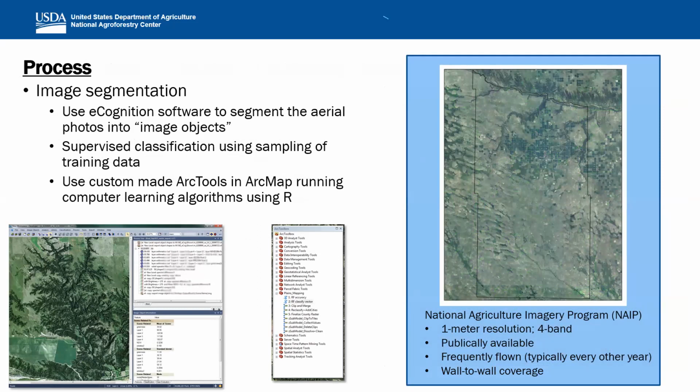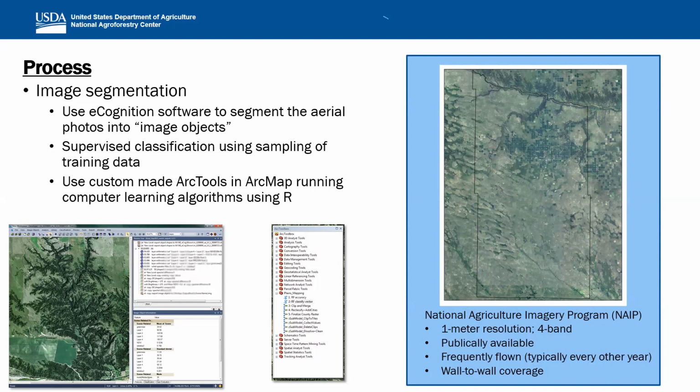So the process starts with the image segmentation, and we use a software called eCognition. It segments the imagery into what's called image objects, which are basically polygons, which identify areas of unique features. So we use that training data paired with some custom tools that we developed in ArcMap and running an R script of a random forest machine learning algorithm.